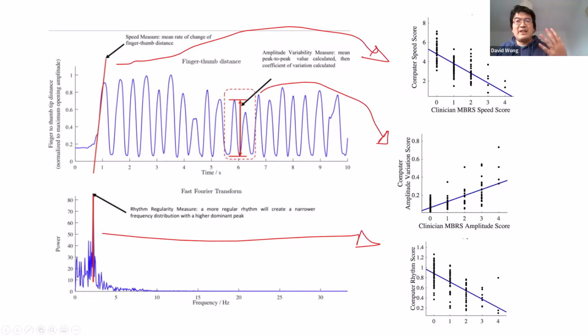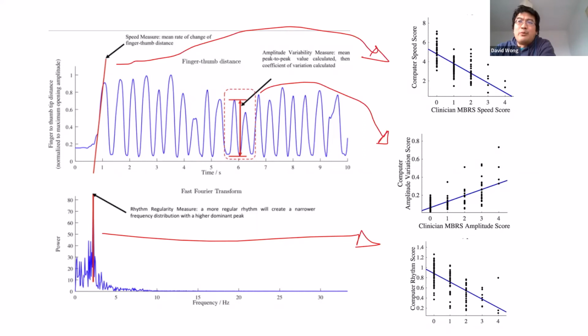So to get to an idea of the speed, we thought, well, that's a measure of distance over time. So let's calculate the slope of the signal at every point. So that's just differentiating the distance. And similarly, for something like the amplitude, we just looked at the peak-to-peak size of the signal, and for the rhythm regularity, how much power is in a small portion of our frequency spectrum.